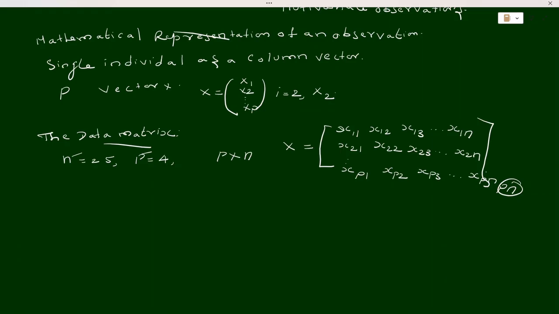Each column represents the individual or object, and each row represents all measurements of a single variable across the samples.